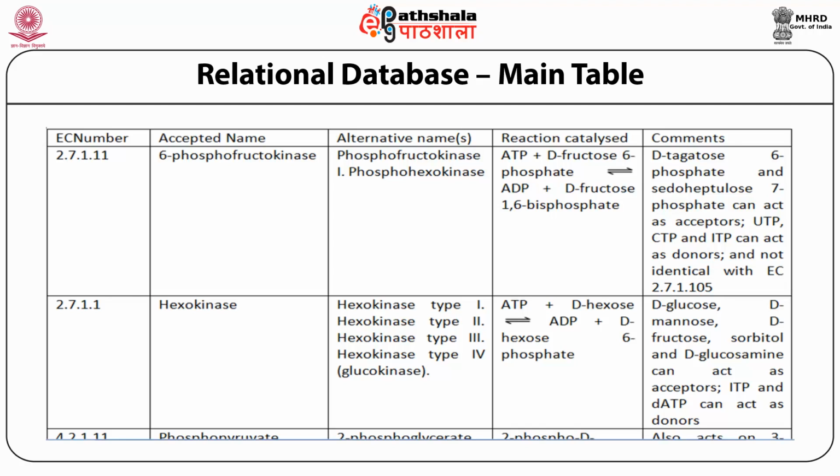But let us say that in the future, an amino acid sequence of 6-phosphofructokinase becomes available in another species. Then storing this sequence for that species in the same flat file or relational database will require duplicating all the data values for the rest of the fields.